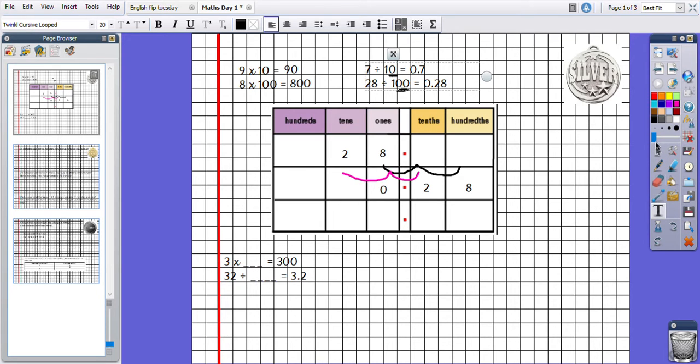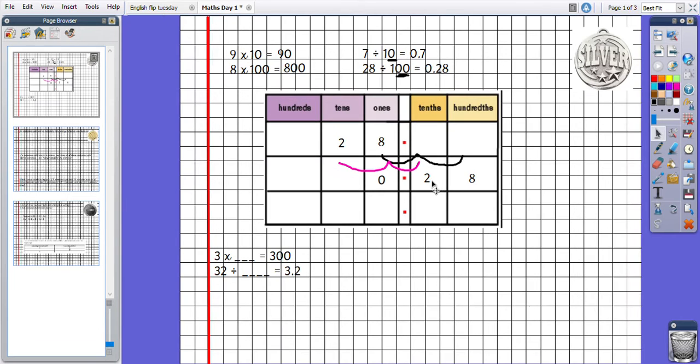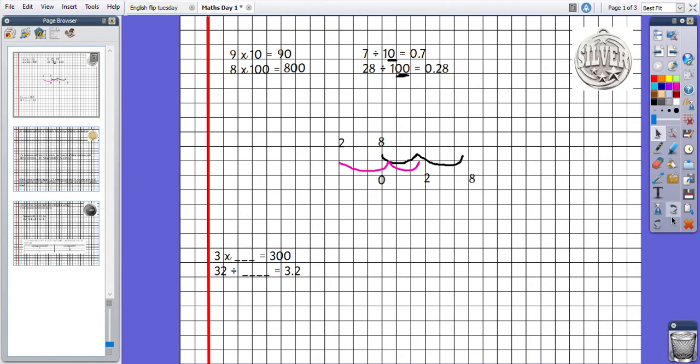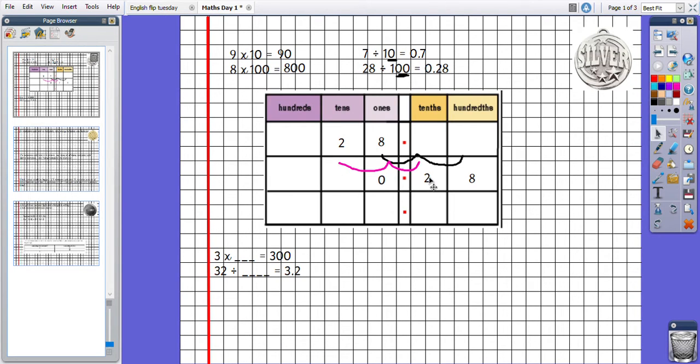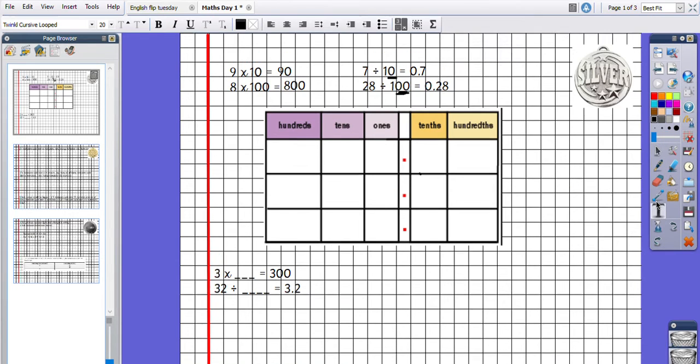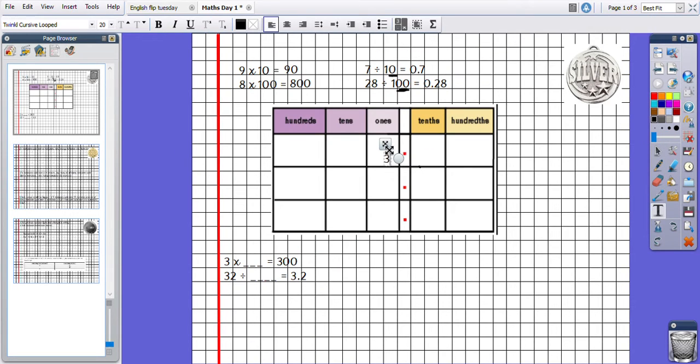Now you will come across in your silver task some questions that have missing numbers, and you need to fill in the gaps. So for example, if I had the number 3 and I was timesing it by something to make 300, I'd have to think about how much I had moved that number, how much bigger I had made that number. So if I popped my 3 into my ones column and I've made 300, so this is my finishing number.